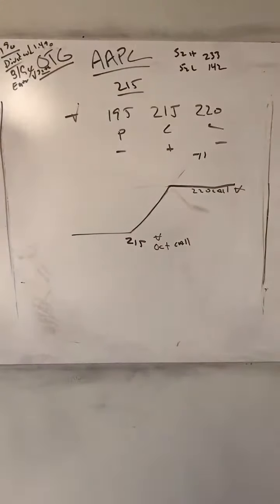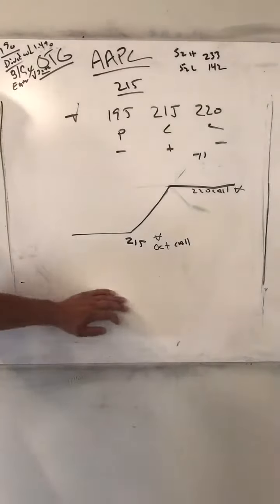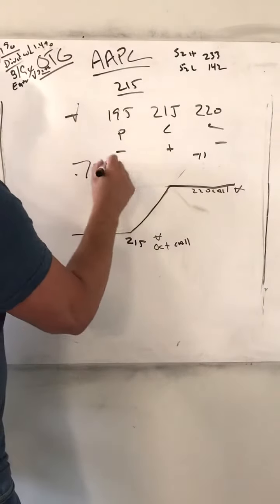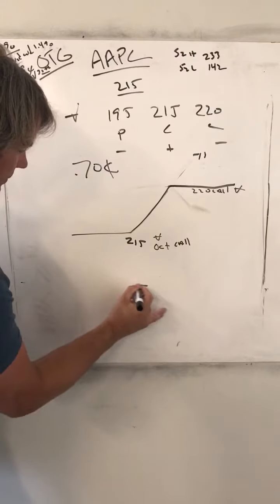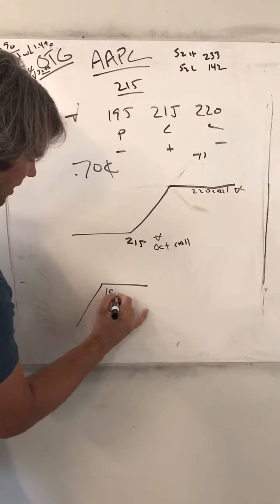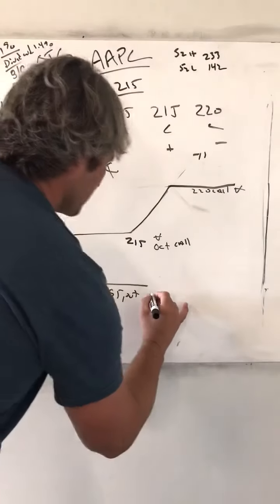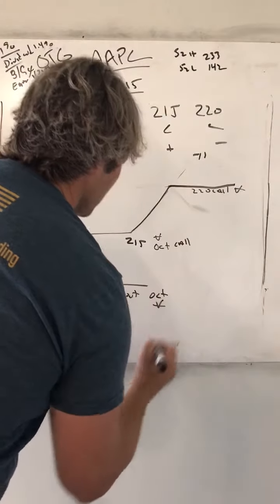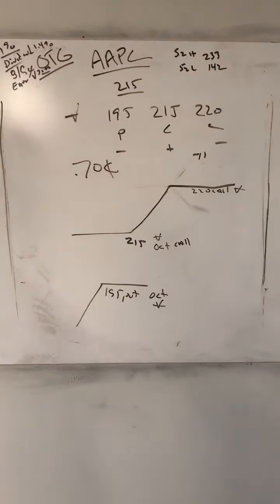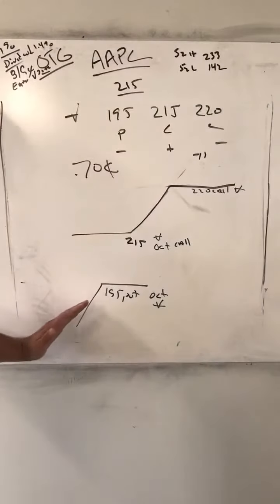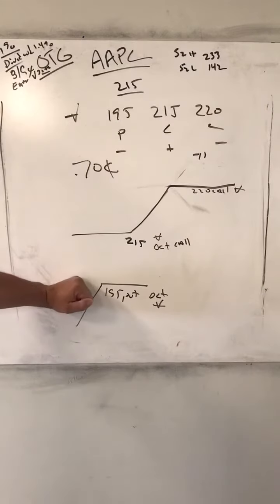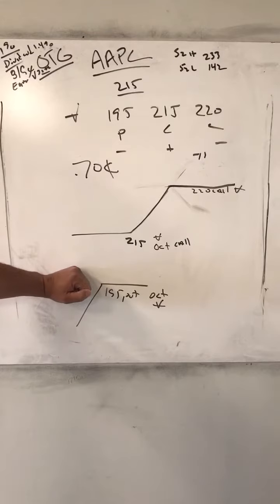Okay, now to make this trade 70 cents, we are going to sell the 195 put, right? And that's also in October. And then here we've created a positive one slope in Apple. We have to buy it for 195 no matter where it's trading.